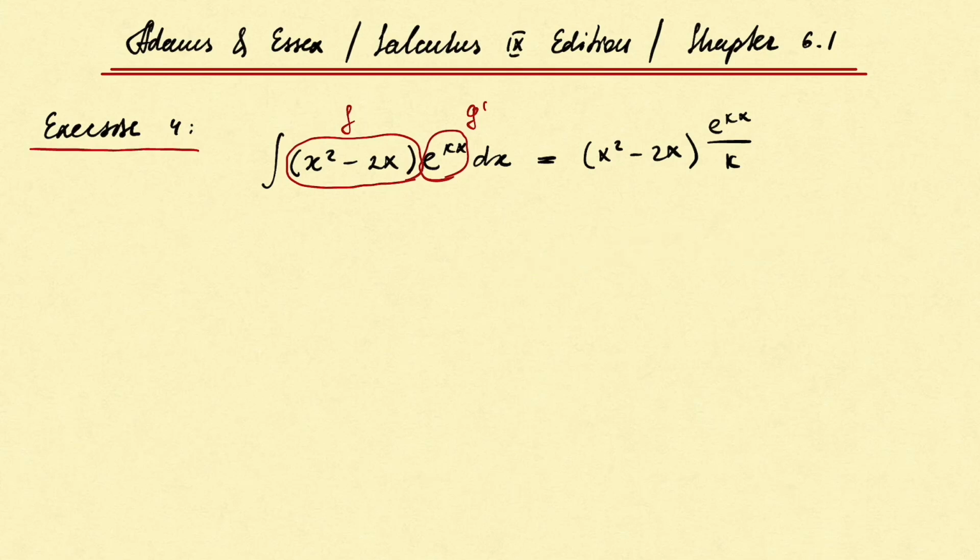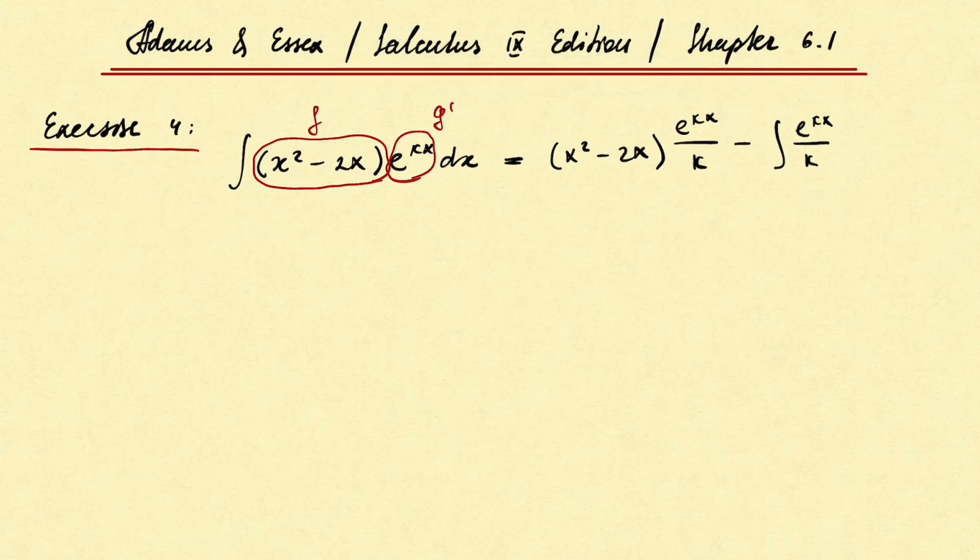Okay, minus the integral of, we now already have e to the kx over k in our hands, so let's just write it, e to the kx over k, and we multiply this by the derivative of f, which is 2x minus 2. So let's write this down. It's 2x minus 2 dx.